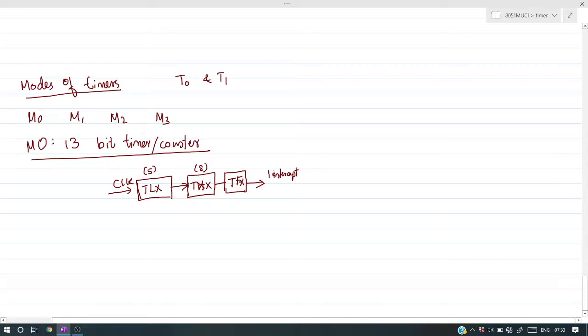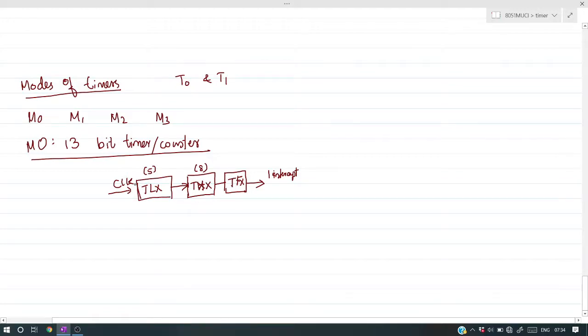Whenever TFX becomes 1, it interrupts the processor. That means the processor will stop the main program and branch to the ISR. While branching to the subroutine, this flag is cleared in order to receive further interrupt signals, or in order to get information about a pending interrupt. This flag is auto cleared. So this is the working.